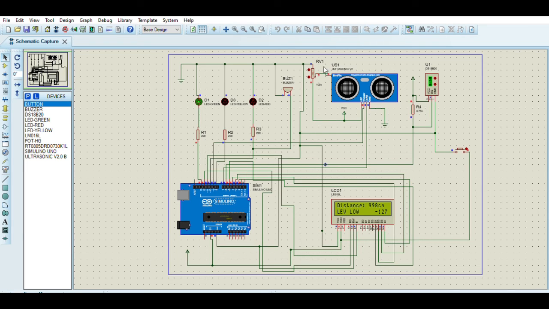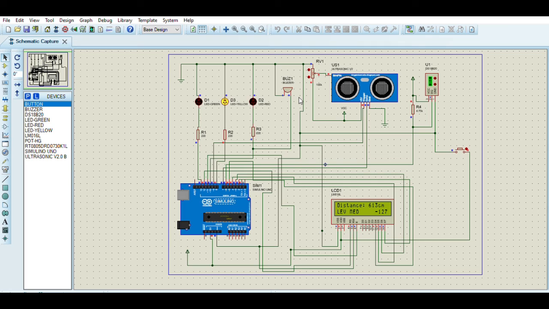When we set the potentiometer to low, the distance will appear as 998 and the green LED is turned on. So this is still a safe situation for the flood. And when we set the potentiometer to medium, the distance is 630 centimeters, and the yellow LED will turn on.